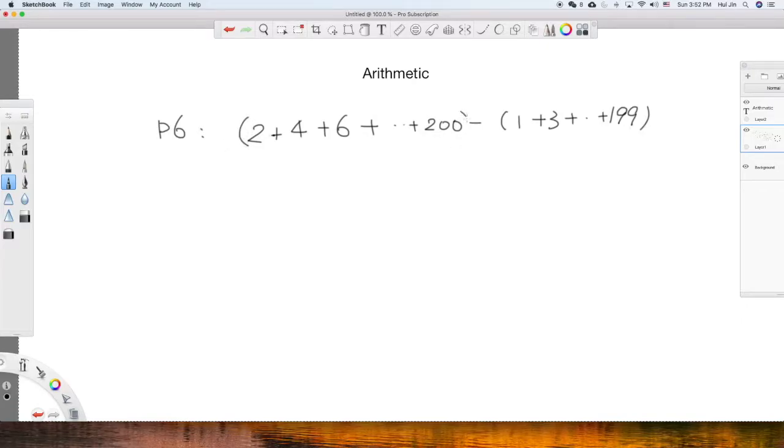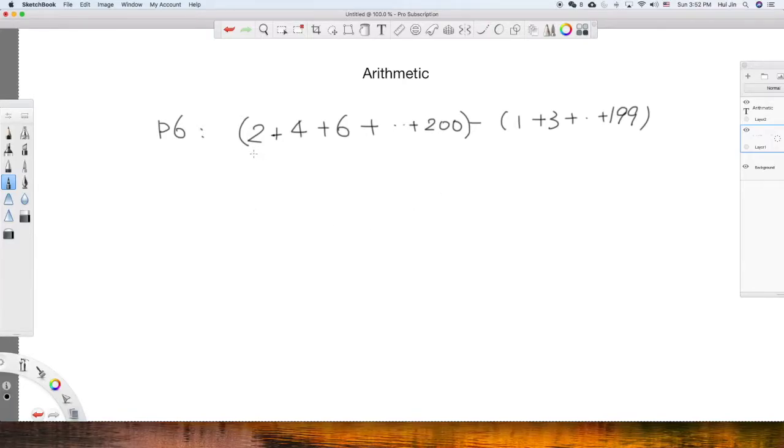I'm putting parentheses so that you see it as two terms. Time for you to stop and think how you are going to solve it. And I'm telling you there are quite several ways to do it.